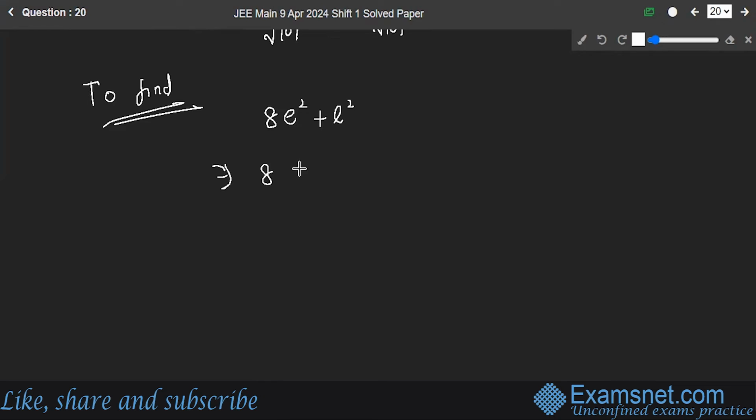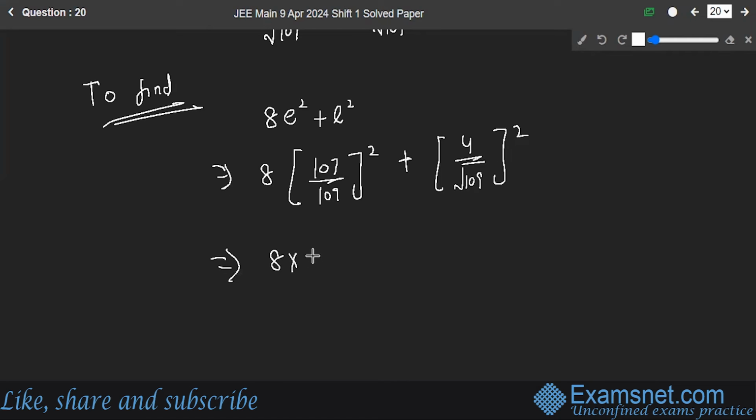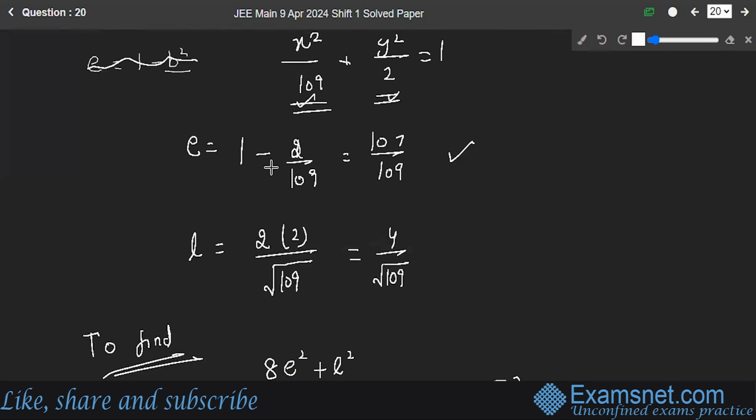So this is equal to 8 into (E was equal to 107 upon 109) square, and L was equal to (4 upon root of 109) whole square. This makes it 8 into 107 upon 109. This was E square, sorry.